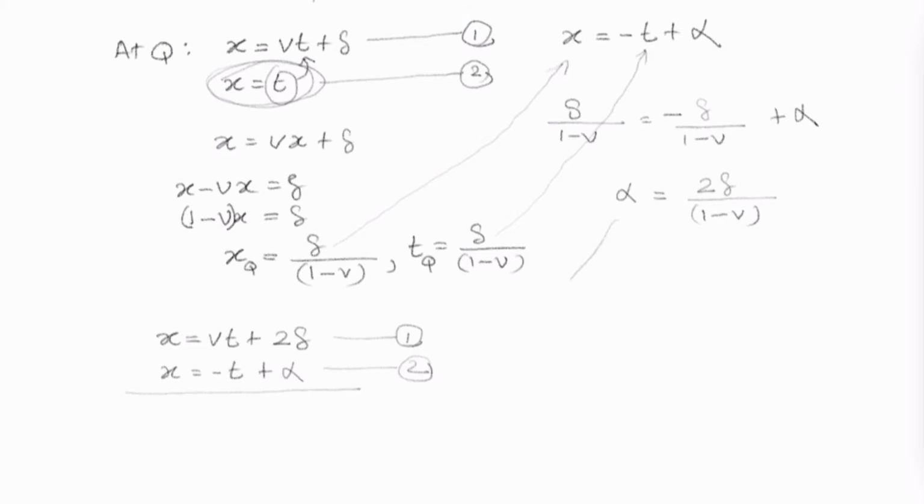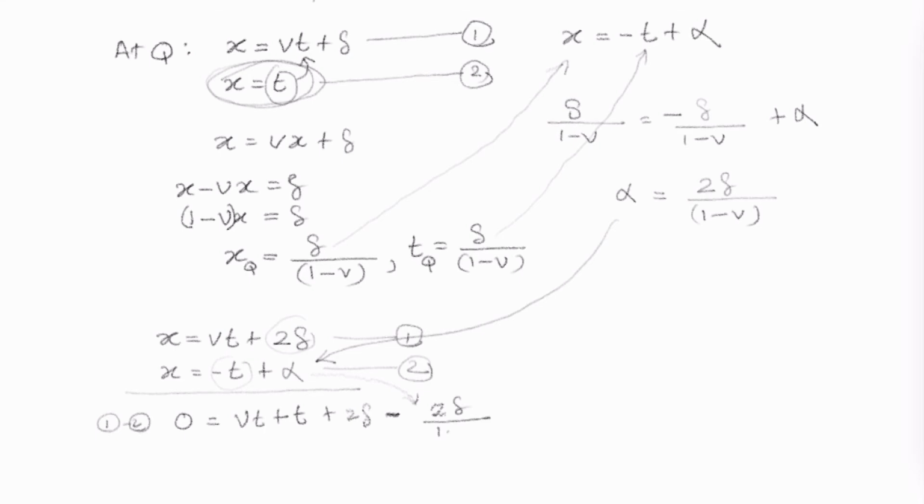If we deduct equation 2 from equation 1, we can get rid of x. So 0 equals vt plus t plus 2 delta minus 2 delta over 1 minus v.